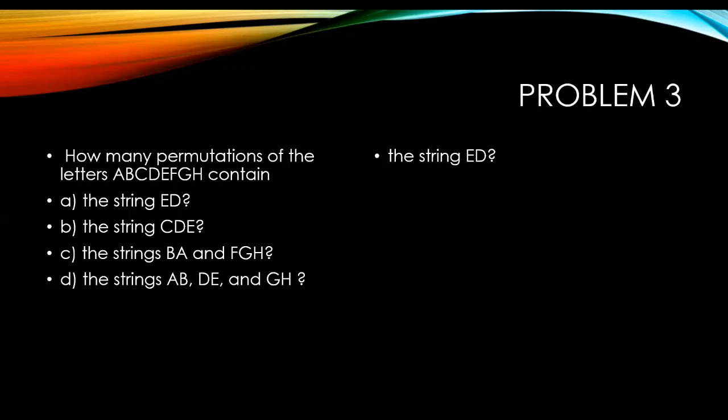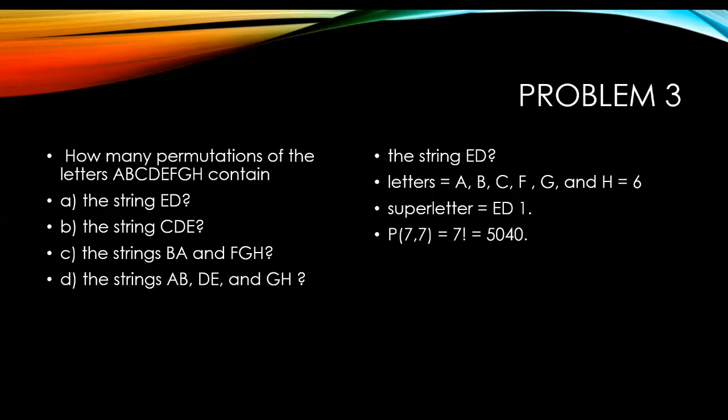We have A, B, C, F, G, H. So we have 6. Okay, and then ED will be considered as one element. So in total, for our permutation, we have 7 elements. So it will be 7 factorial. Result is 5040 patterns that contain ED.